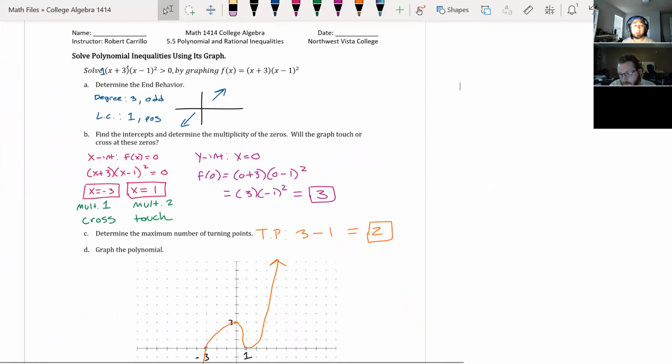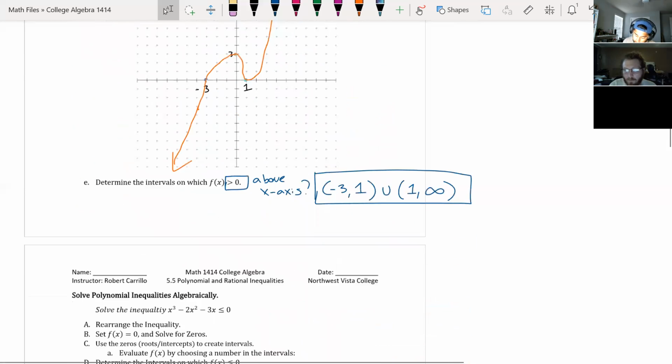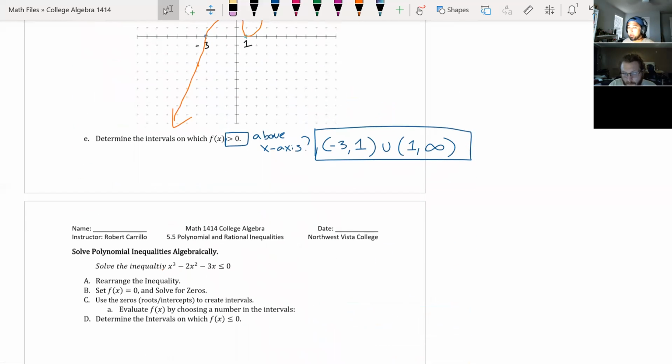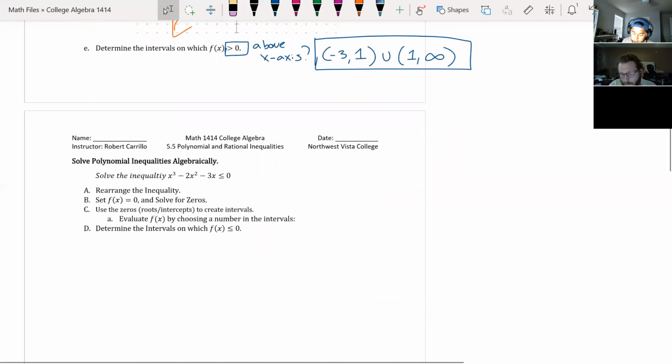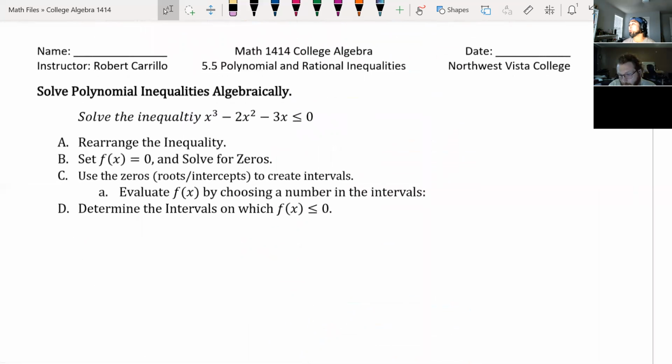Okay. And we can also solve these without graphing anything at all, which brings us to the next page. I guess we kind of make a graph. We're going to draw a number line, but here we can solve the polynomial inequality algebraically.